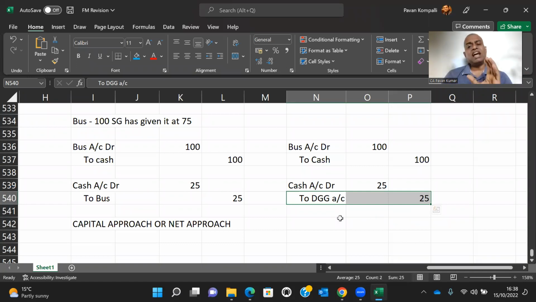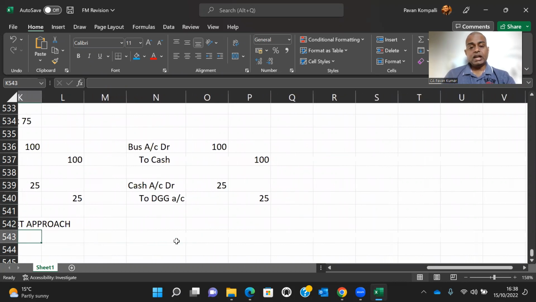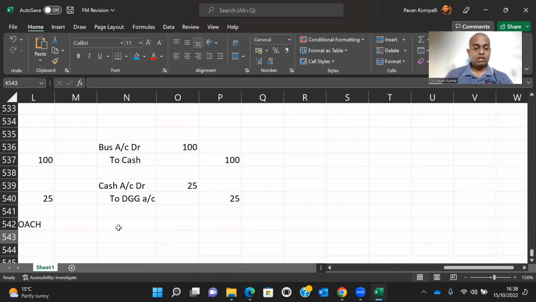Now imagine this bus has 5 years life. So here in income approach, what are you supposed to do?